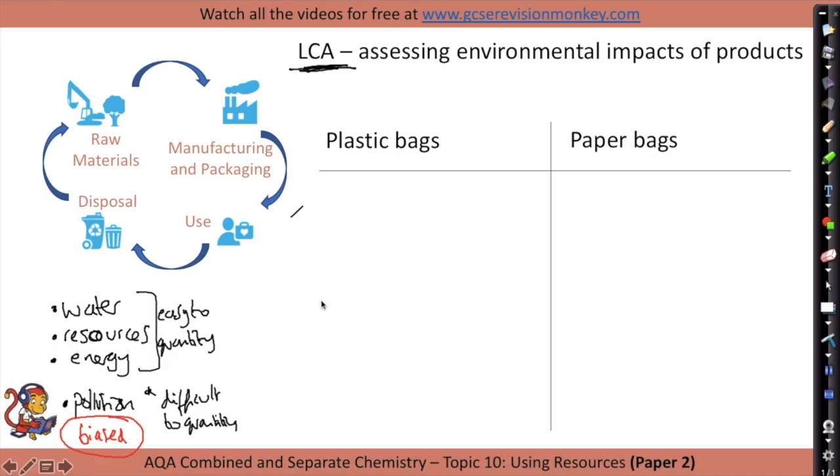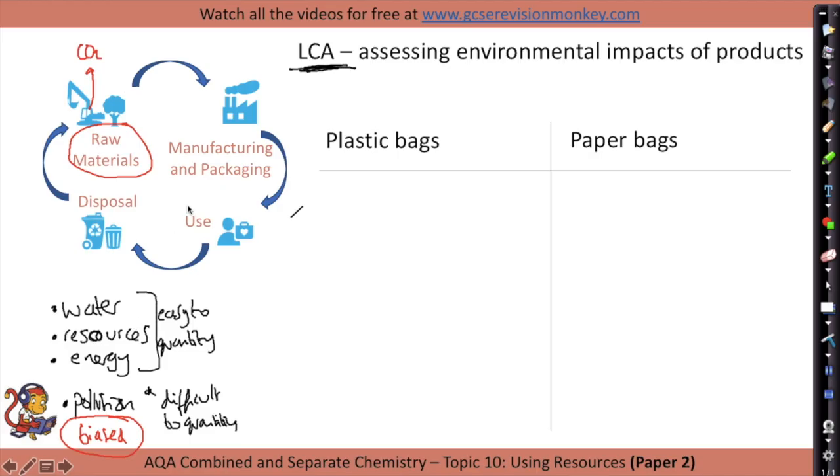So the life cycle assessment will involve different stages, including the raw materials. It could be looking at whether they are renewable, whether they are finite, and how much energy is used to extract these materials. Obviously, the machinery will be releasing CO2 if it involves mining and metal. The manufacturing and packaging process: again, what resources are being used?